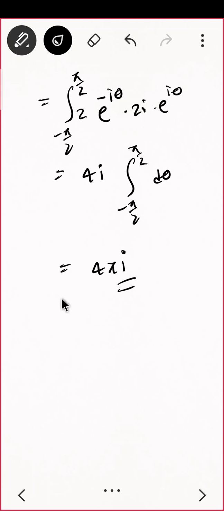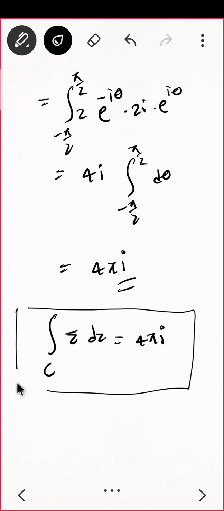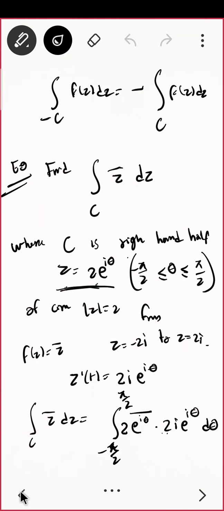Correct? That is, what did we solve? We solved this: z bar dz equal to 4 pi i. Correct? This is what we just now solved. Let us see once again how we did it. In this case the parameterization was given to us, that was the easiest part. This is my parameterization, I just have to put it in the formula.